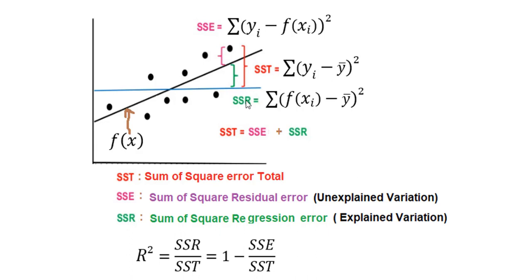Then SSR equals the sum of regression data, that is expected data, minus mean, squared. SST is the sum of the original data minus mean, squared. Then R squared equals SSR over SST equals 1 minus SSE over SST.